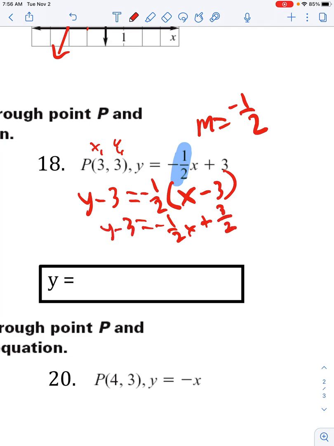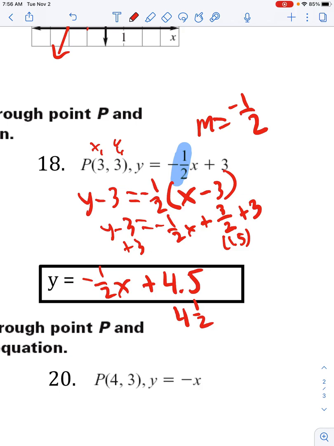Still have y minus 3 here. When I add 3, I'm going to get -1/2 x plus, let's see here, 3 plus 3/2, that's like saying 1.5. So plus 4.5.